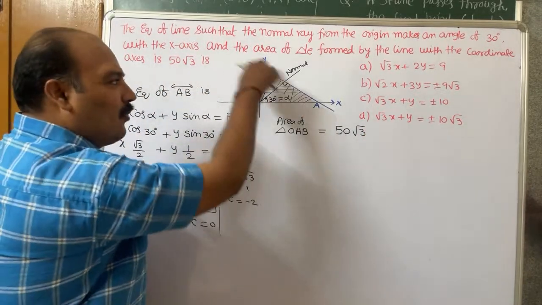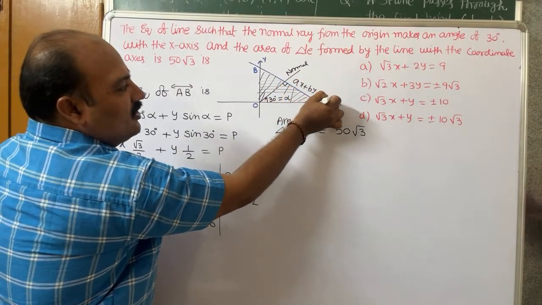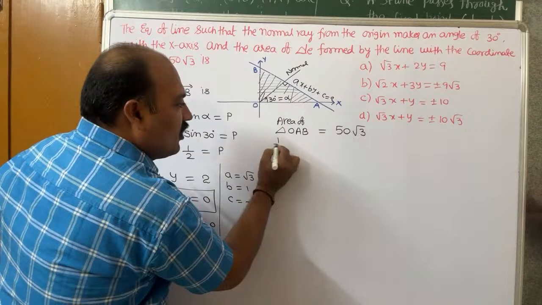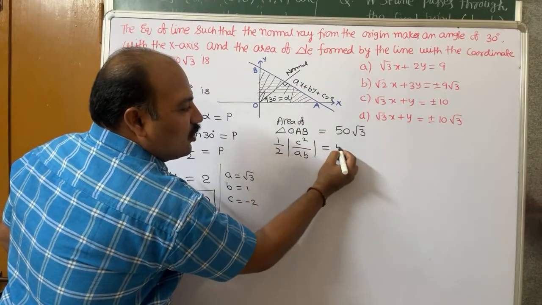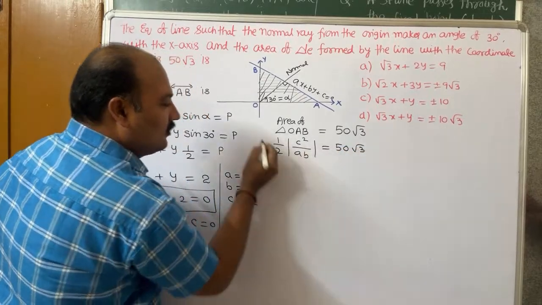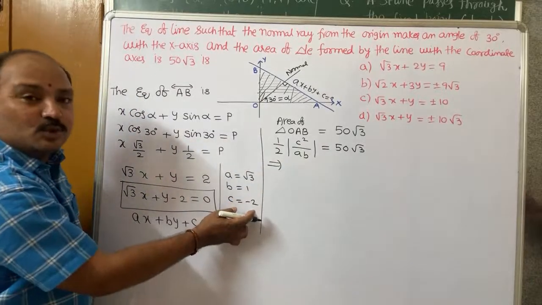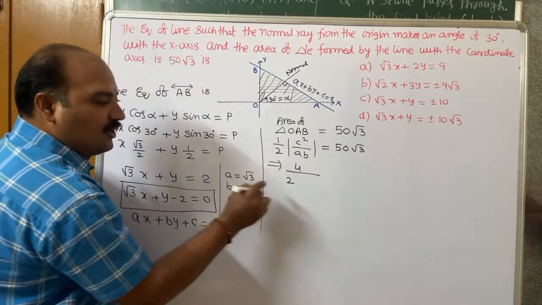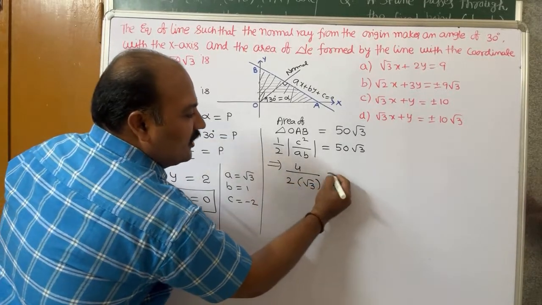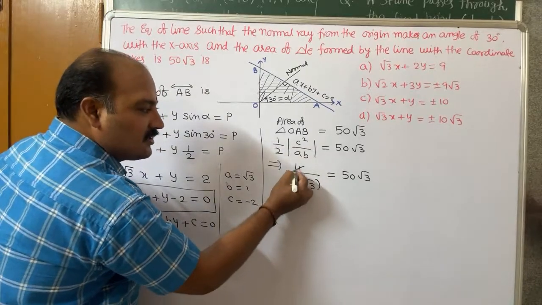Area of triangle formed by the line ax plus by plus c equal to 0 with the coordinate axis is, formula, half c squared by ab, is equal to 50 root 3. So c squared is minus 2P squared, so 4P squared by 2 into ab, root 3 into 1, root 3, is equal to 50 into root 3. So 2 ones are 2, 2 twos.